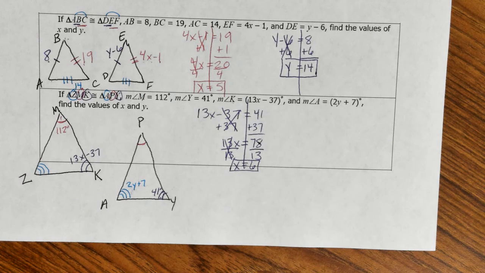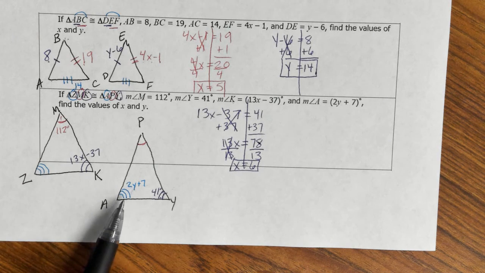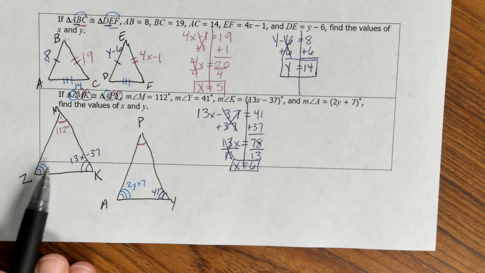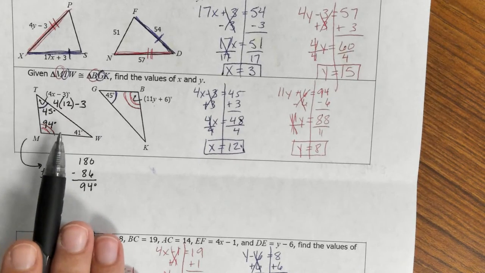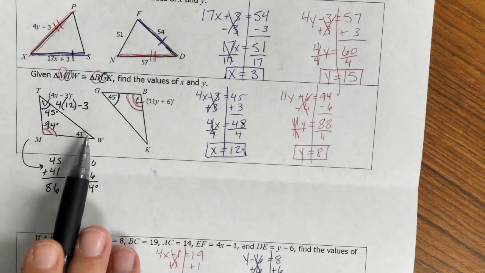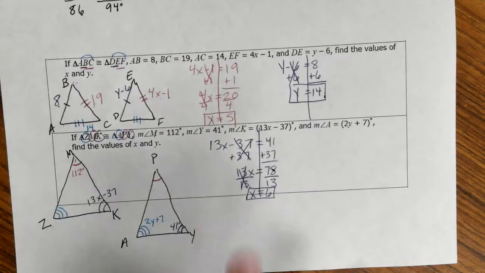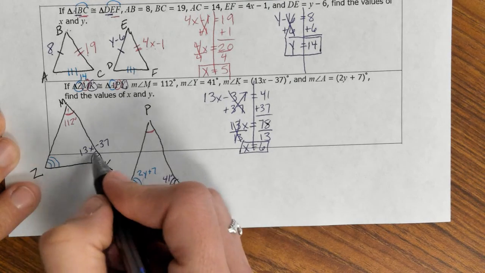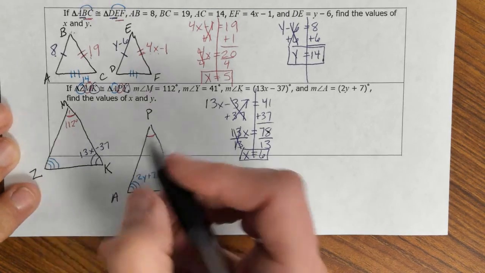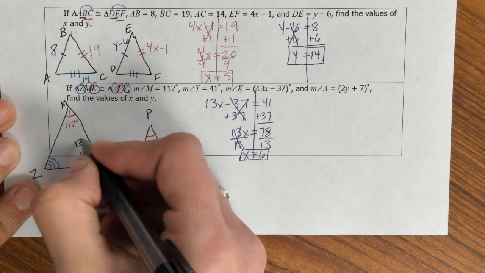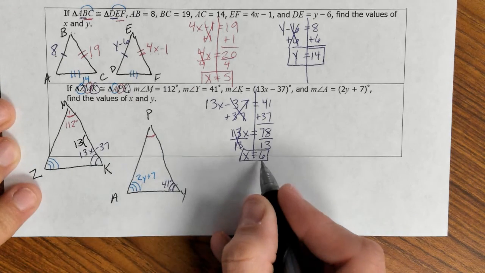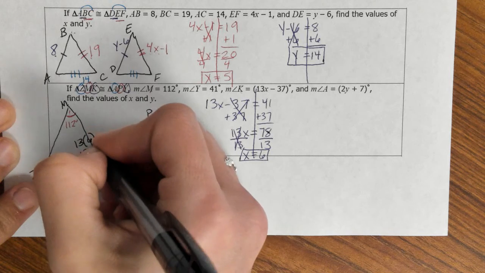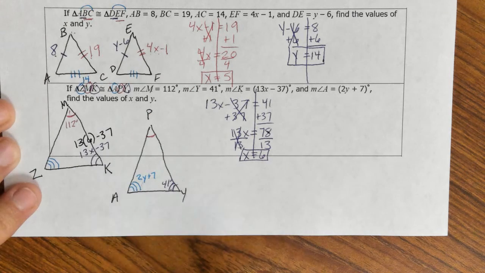We're going to wind up in the situation again where we've got angle A, we have something, but its corresponding angle has absolutely nothing. So just like what we had to do up here, we had to use the Triangle Sum Theorem after using our substitution property. So here, we can figure out what the measurement of angle K is by taking 13, substituting in 6 for x, and then subtracting that 37.